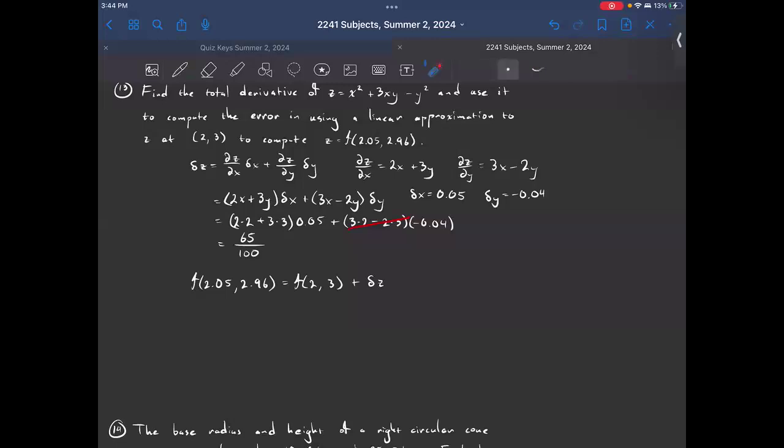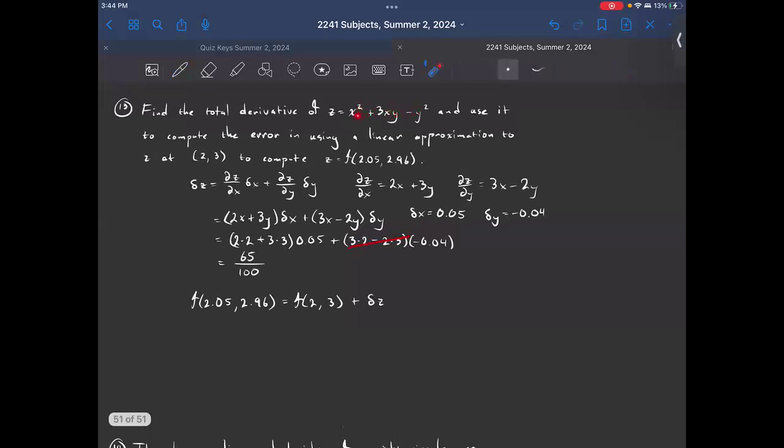It's plug 2 and 3 into this function, and we get 4 plus 18 is 22 minus 9, and that is 13. So we have 13 here, and then plus our 65 over 100, right? All right, and this gives us 1300 plus 65 over 100, which is 13.65. Okay, so that's pretty darn good.